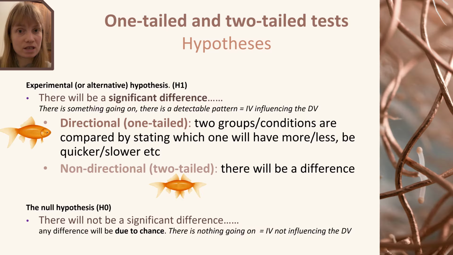If the hypothesis is non-directional, simply predicting a difference of some kind without stating the direction, we use a two-tailed test. The null hypothesis predicts no significant difference. Any variation will be due to chance.